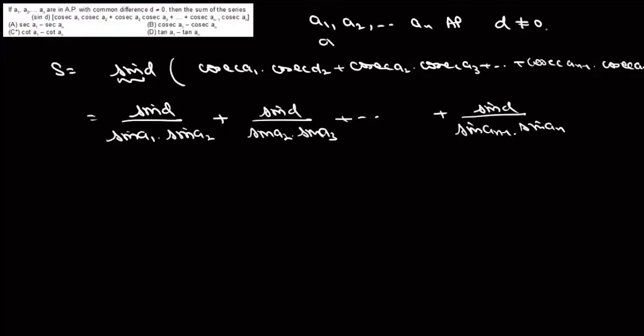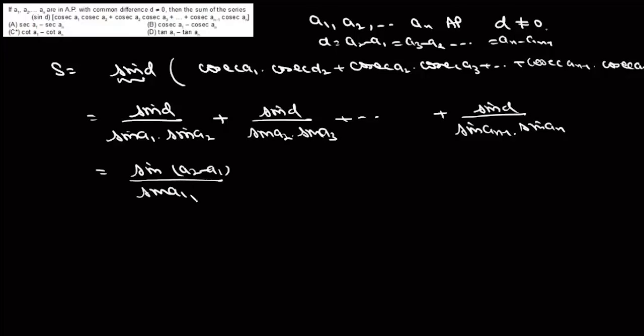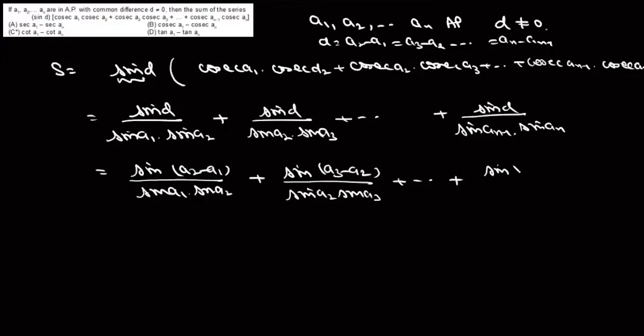Now we know that the common difference is equal to a2 minus a1, a3 minus a2, an minus a n minus 1. So we can write this as sin(a2 minus a1) upon sin a1 sin a2, plus sin(a3 minus a2) upon sin a2 sin a3, up to sin(an minus a n minus 1) upon sin a n minus 1 sin an. Now sin(a minus b) is sin a cos b minus cos a sin b.